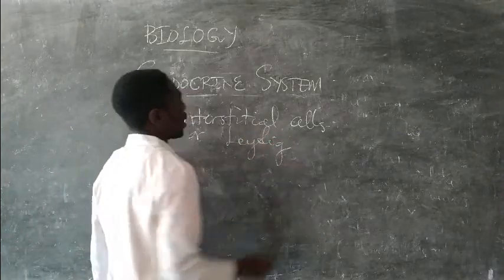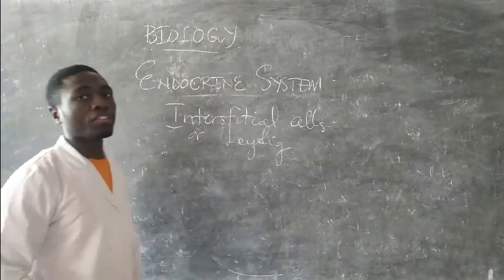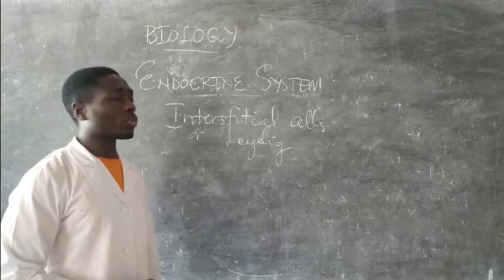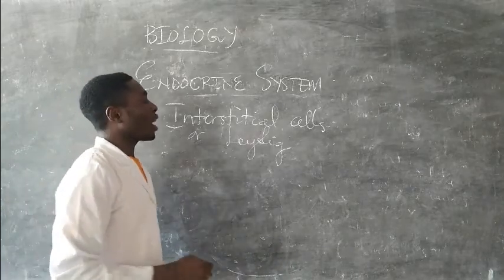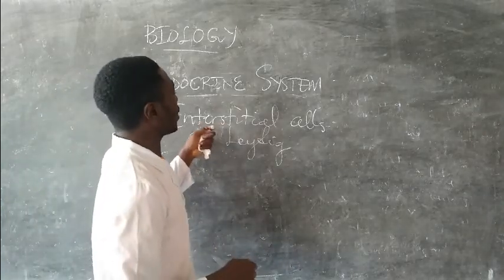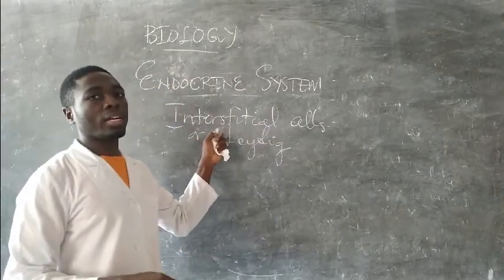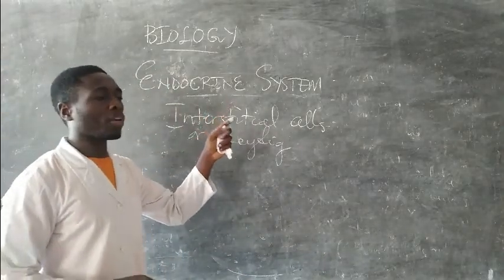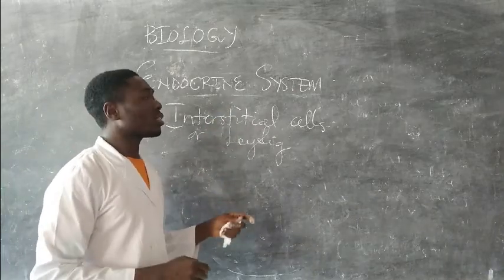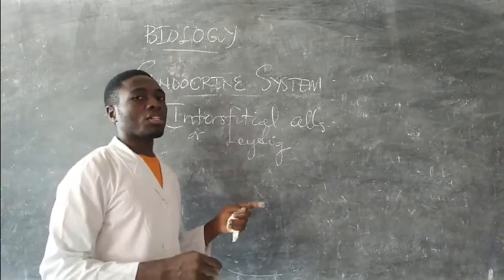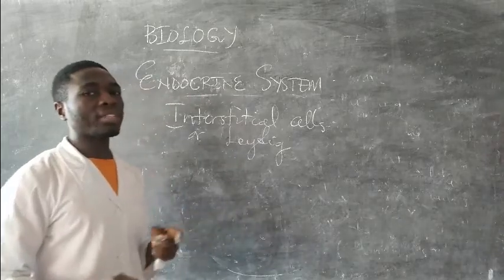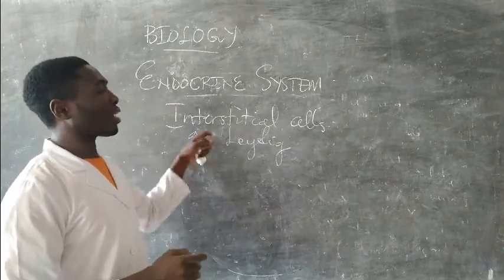Now, Leydig cells are responsible for the production of testosterone, which is a hormone. The hormones which stimulate the testes to produce it come from the hypothalamus and the pituitary, and we call them the gonadotropins. So we have the follicle stimulating hormone from the anterior pituitary and the luteinizing hormone, which are secreted into blood to act on the testes.